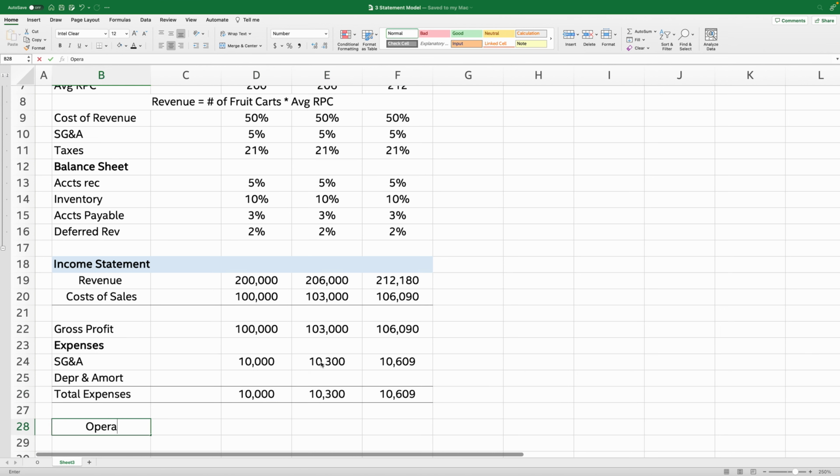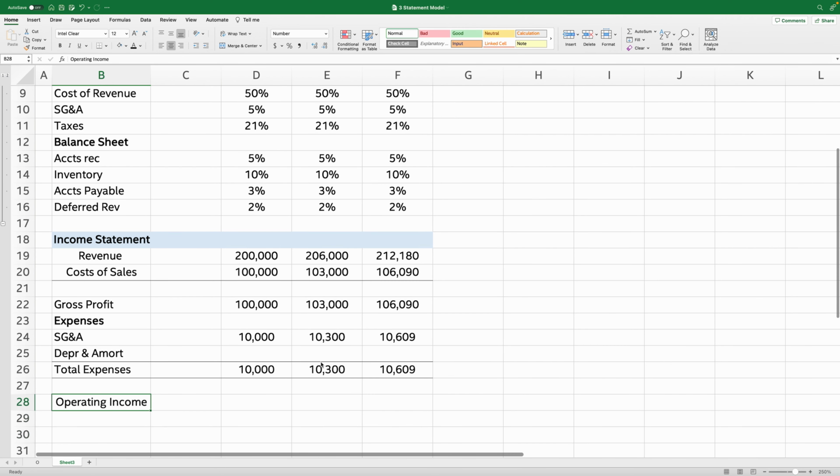So we're getting somewhere. We're getting to operating income, or earnings before taxes, because we don't have any debt expenses. We didn't assume any of that. So it's gross profit minus total expenses. This is this number here.